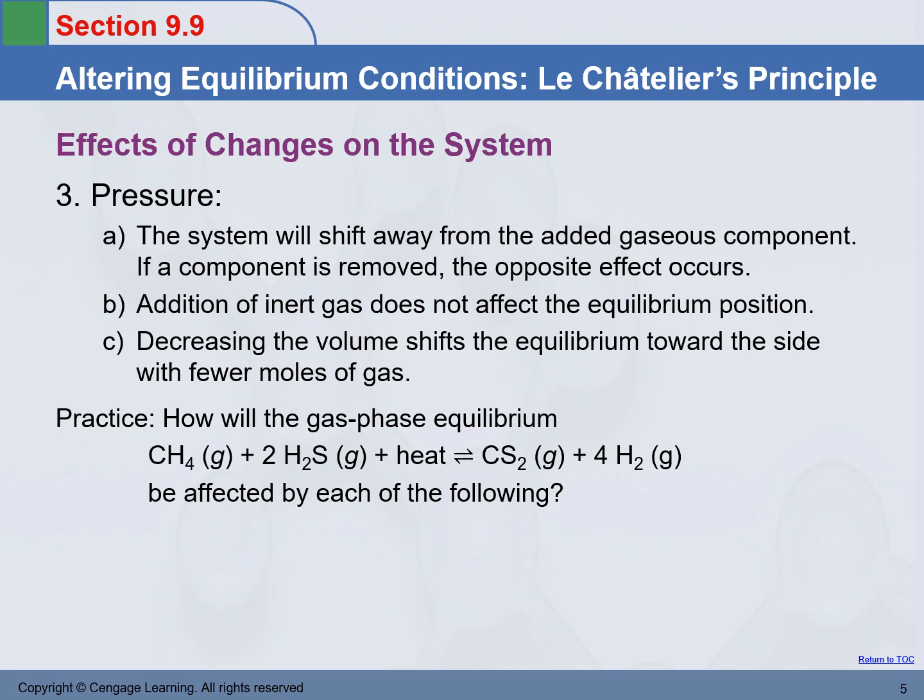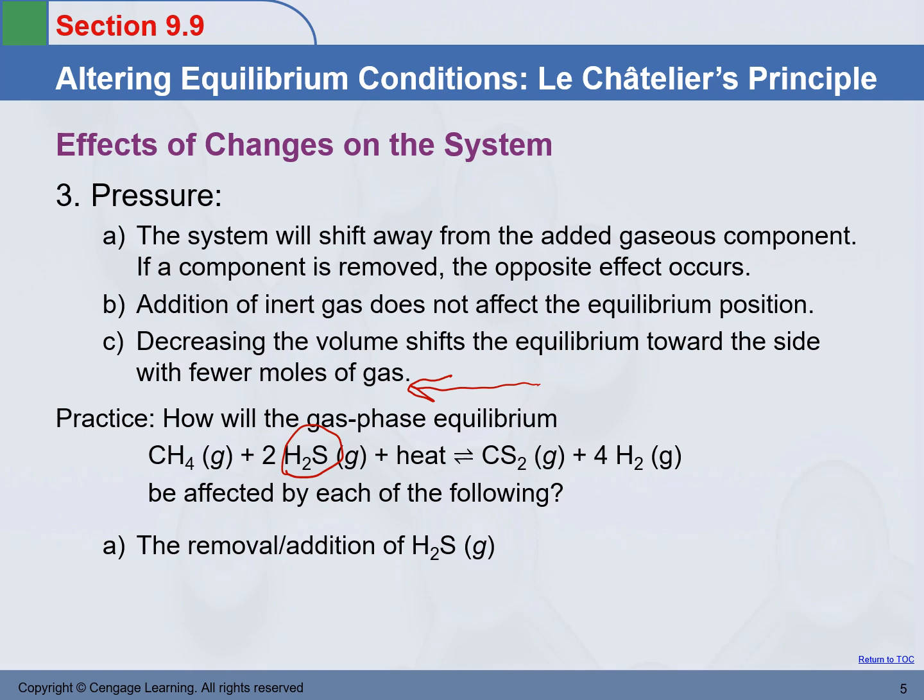How will the gas phase equilibrium be affected by each of the following? Let's look at what we have here. The removal or addition of H2S. Wow, this is easy. If you remove H2S, the equilibrium is going to shift to the left to produce more. That's Le Chatelier's principle. I'm going to readjust myself so that I reduce the impact of what you did to me. So if you remove a component, the equilibrium shifts towards that component.